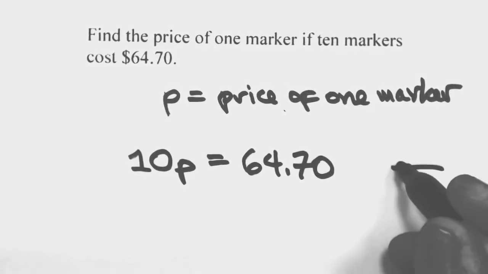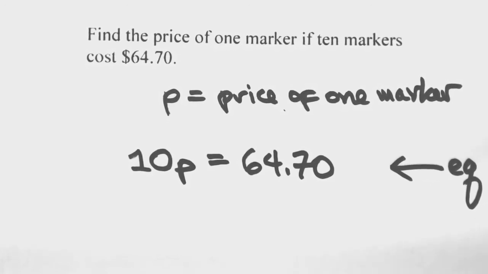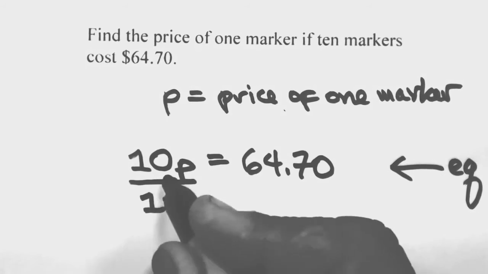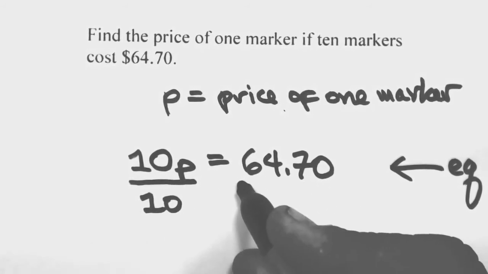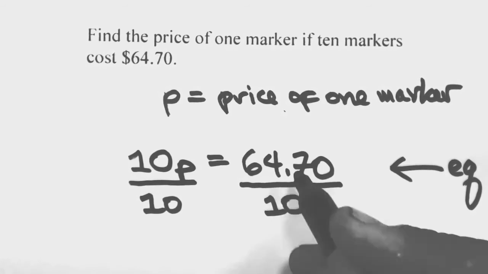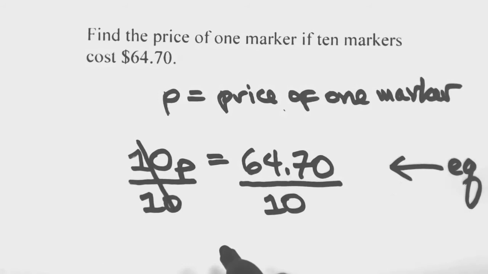Okay, well, this can be the equation right here. Remember, you do have to give the equation. You might have a different variable, but there it is. Now, simply divide by 10. This is 10 times P, so I've got to divide by 10 to get a single P. But that means I've got to divide the right side by 10 as well. Okay, the 10s cancel out here.